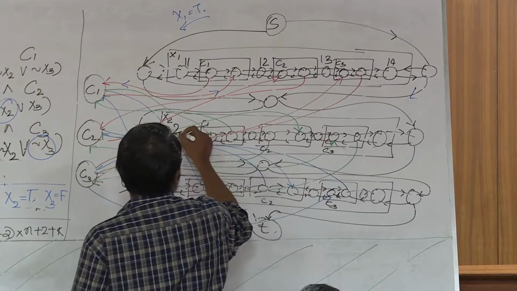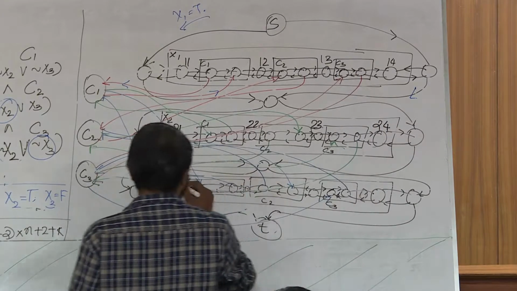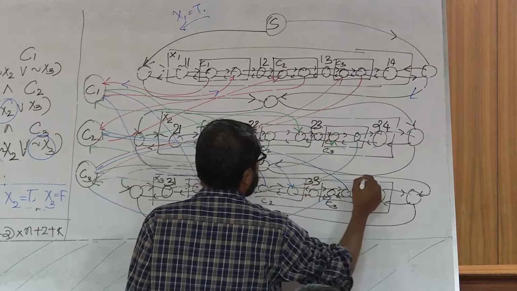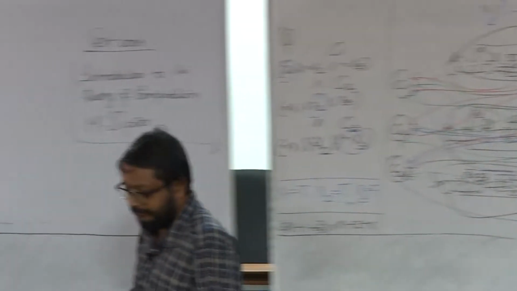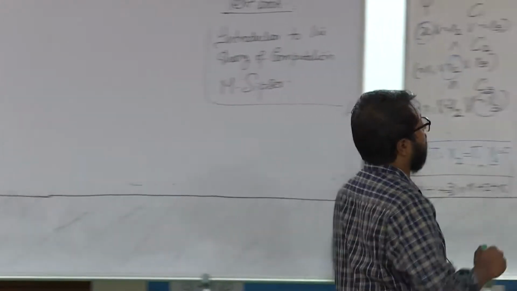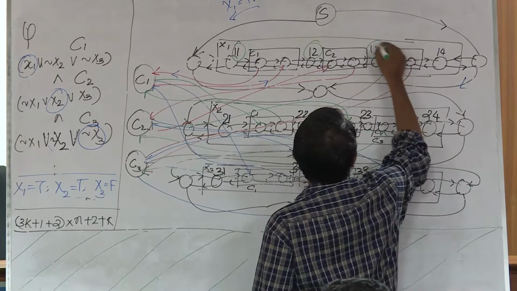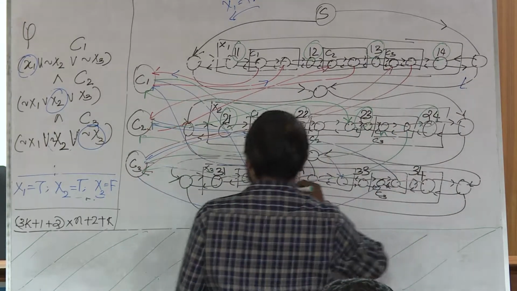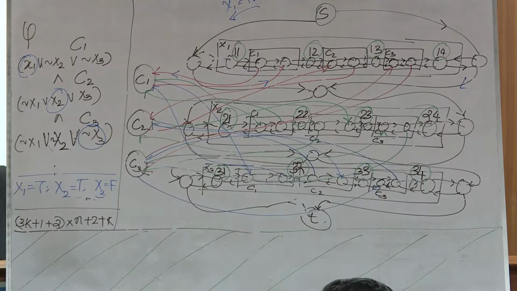Let's call this 2 1, 2 2, 2 3, 2 4, 3 1, 3 2, 3 3 and 3 4. Let's call these vertices this way. Give me a Hamiltonian path in this graph. Okay, you start from S.